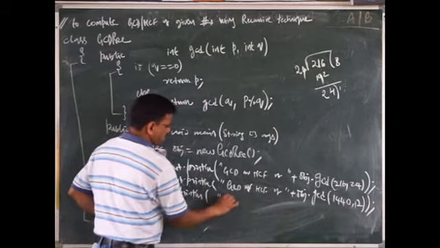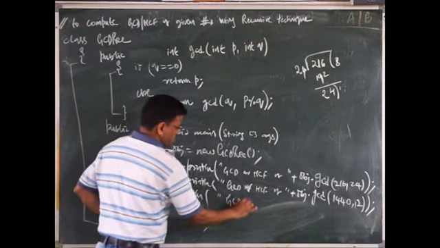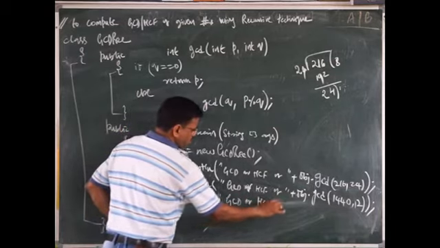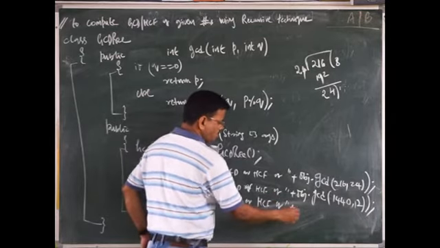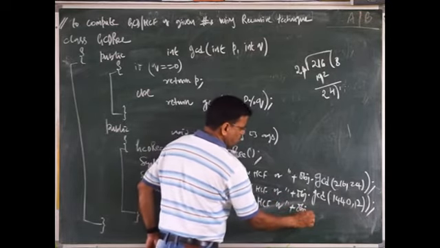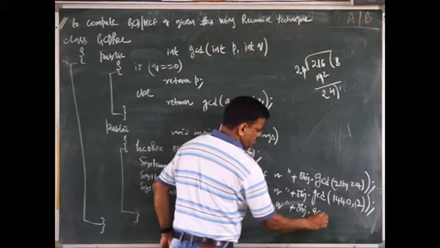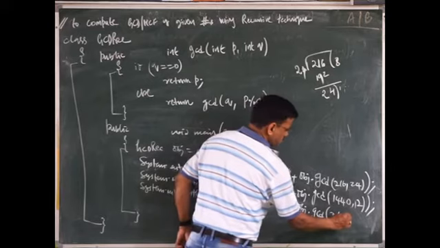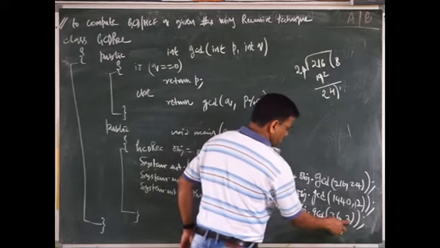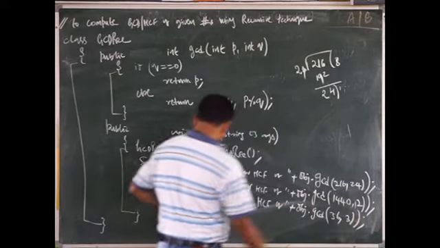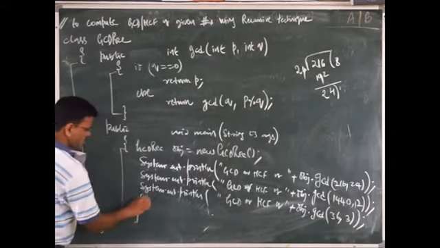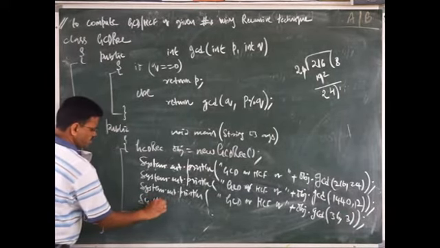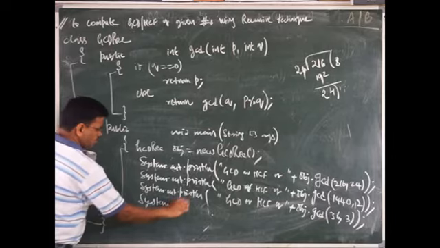Here, GCD or HCF for which number you want, any number of your choice we can give. GCD of 36 and 3. This is the method and this is the method. Like this, we can give different sets of values.